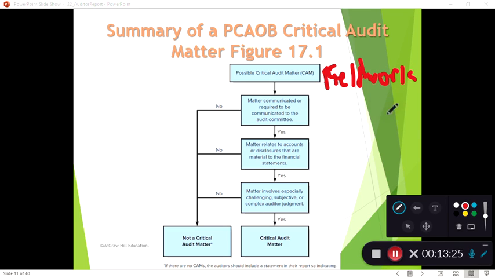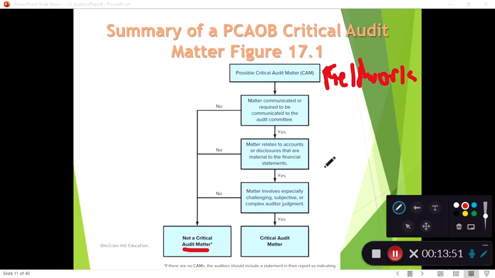But during the course of field work, issues are going to come up, right? And there are already some rules around what needs to be communicated to the audit committee. If it is something that does not need to be communicated to the audit committee, then it's definitely not going to be publicly disclosed, right? So that's the first hurdle.